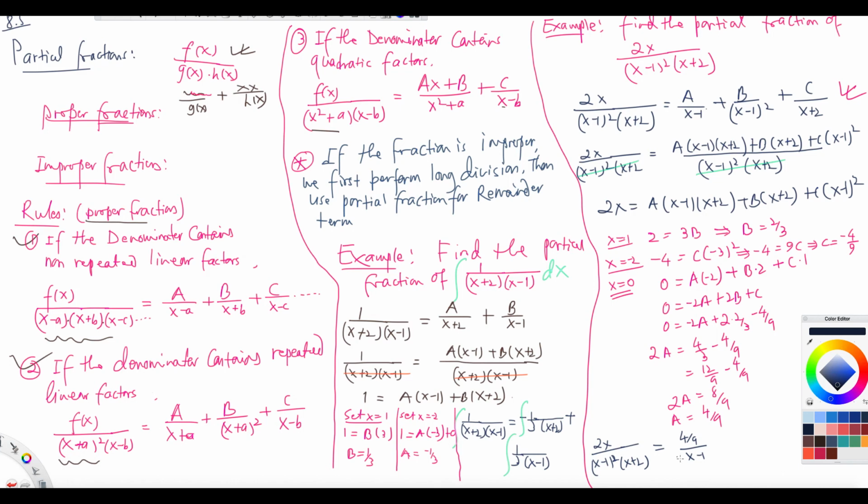Or you can write 4 over 9 times (x minus 1), no problem. Okay, plus b is what? b is 2/3, so 2/3 over (x minus 1) squared, right? And then plus c, you can write negative 4/9 here, or write this sign negative, over x plus 2. That is the final answer, right?